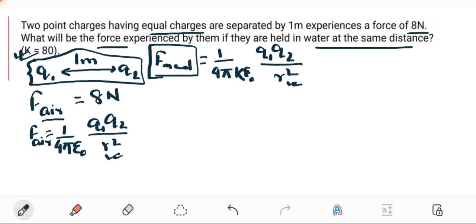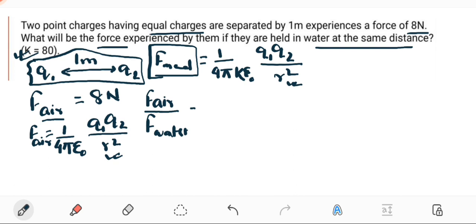We can find the value of the force in water by taking the ratio: force acting between the charges in air divided by force acting between the charges in water.